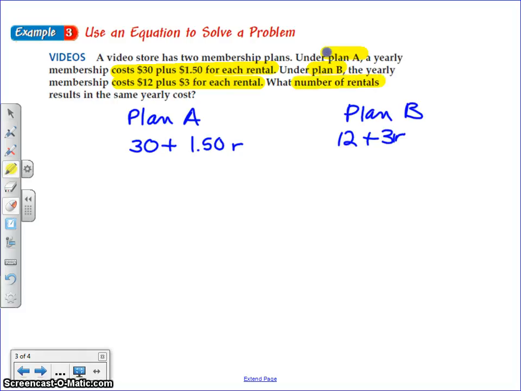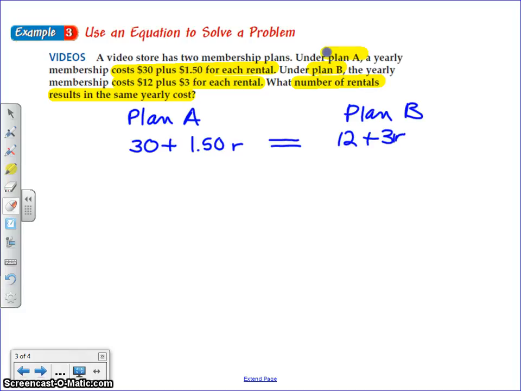What number of rentals result in the same yearly cost? That means, how many movies would I have to rent to get the same cost out of each plan? In other words, what are these two equations equal to each other? So this is exactly how we would write this equation.